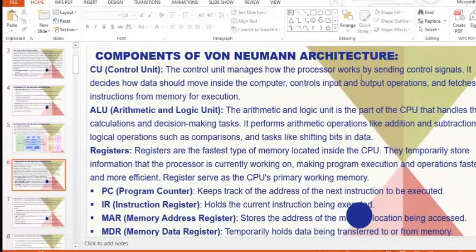Then we have the MAR, which is the memory address register, which stores the address for the location of your data. Where do you locate your data? It stores your addresses and the location, so you know how to access your data within the CPU system. Then, of course, you have the MDR, which is the memory data register, which temporarily holds the data being transferred to and from the memory.